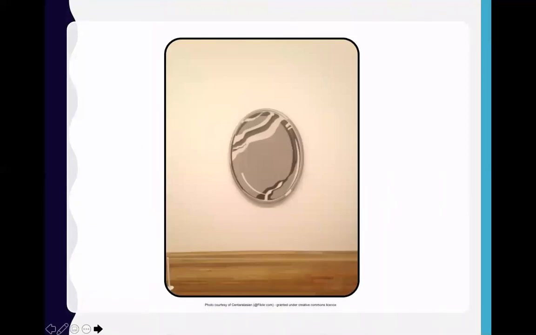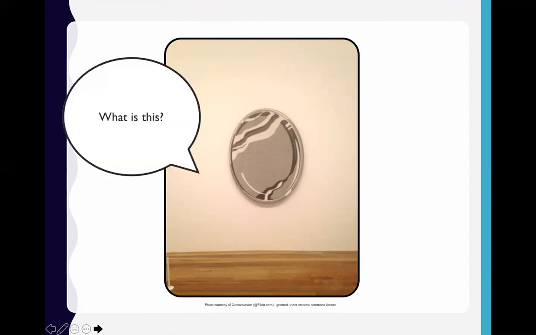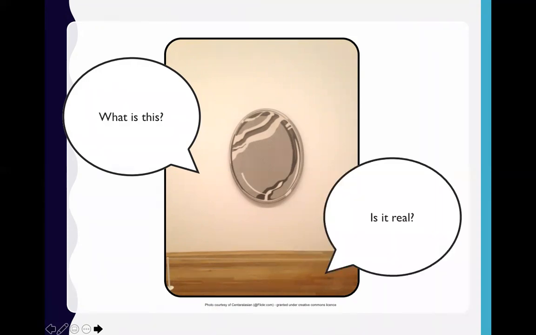So, this is another example of his work. Now, just looking at this, what is it? What do we think it is? What does it look like? Is it a painting? Is it a picture? Is it a sculpture? Is it real?